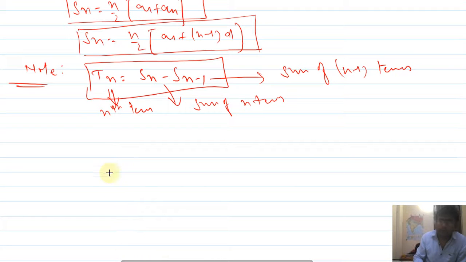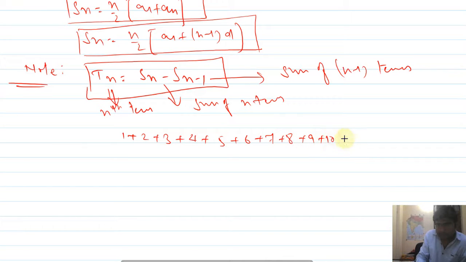Simple proof. Suppose we want to add 1 plus 2 plus 3 plus 4 plus 5 plus 6 plus 7 plus 8 plus 9 plus 10. How many terms? 10. If I want to find the 10th term, just see this is the 10.